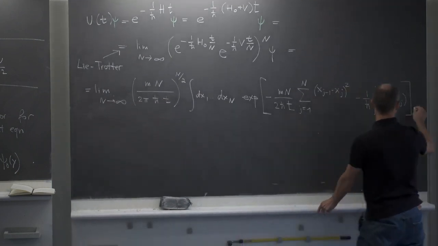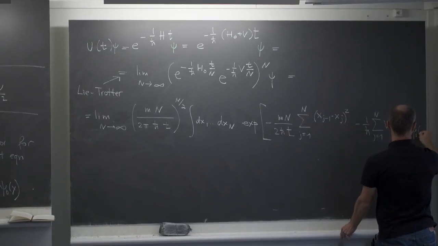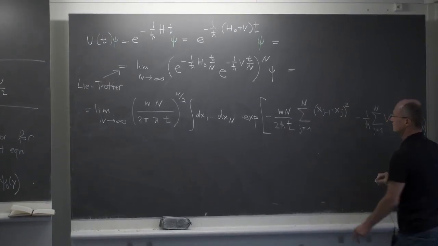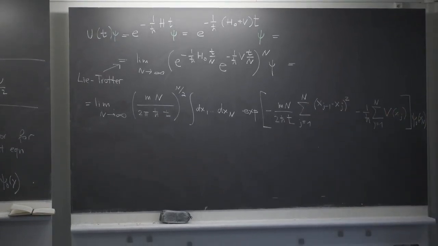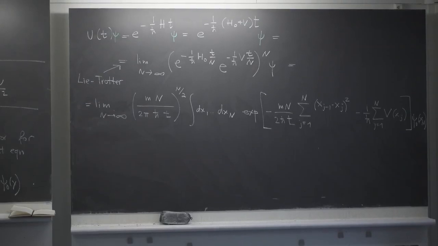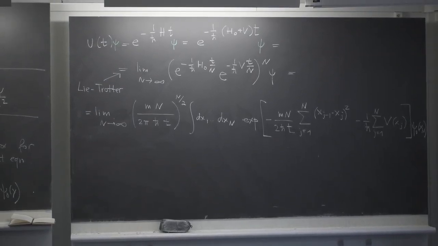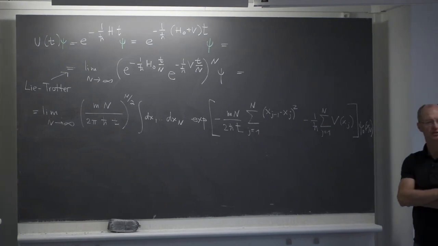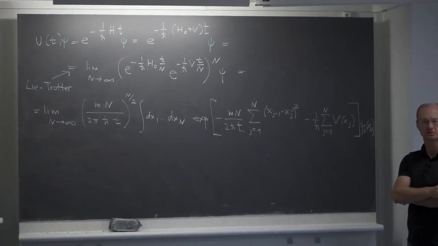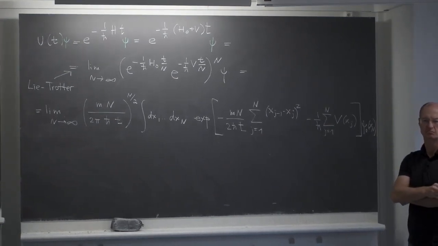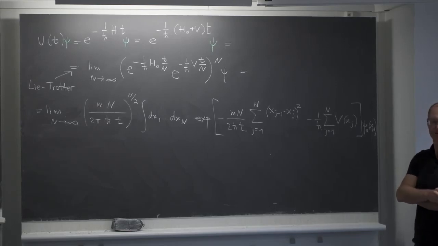And here will be a psi 0 of x_n. How am I doing? Is it correct? Hopefully, probably.